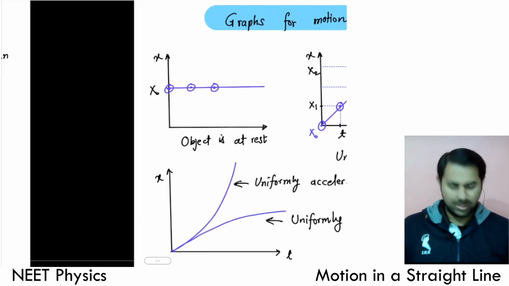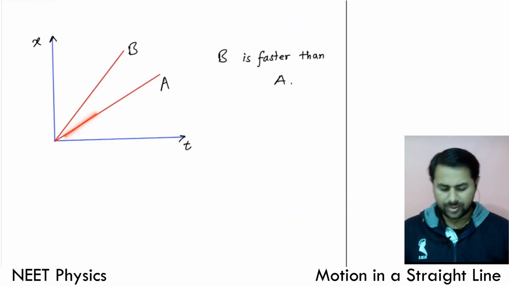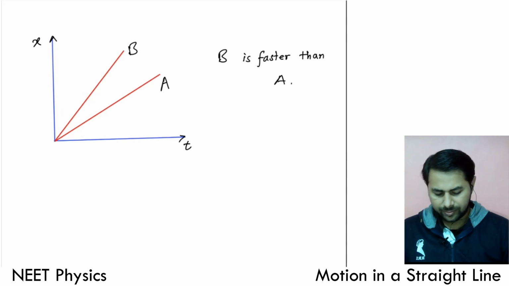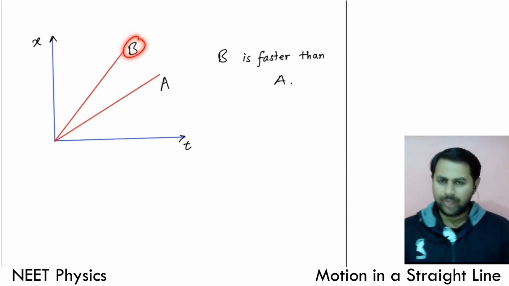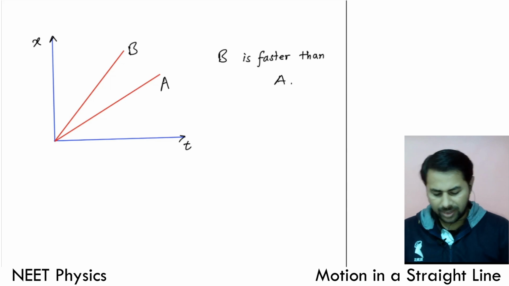So now you can think of it from here actually. See, suppose the velocity of B is greater than A, that's clear, right? And suppose A wants to increase its velocity. So its position versus time graph will change like this.